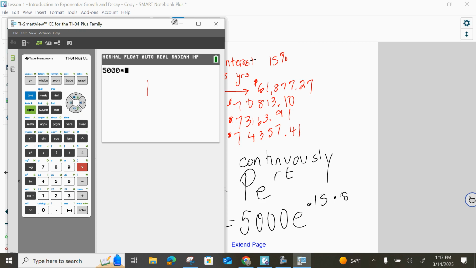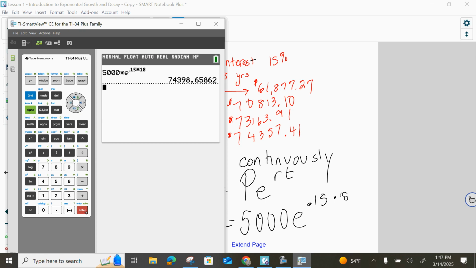The reason I like that one is because it's red on my calculator, and it automatically puts the caret in there for you. So that's just why I like that one. 0.15 times 18.